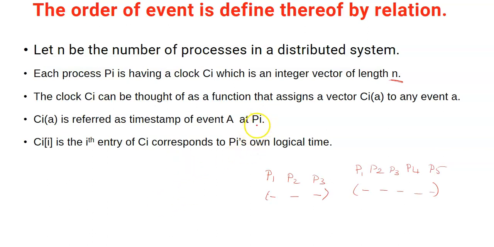This clock vector, represented as a time value in every process, can also be referred to as the timestamp of an event which happens at Pi. And as I already mentioned, the ith entry corresponds to the process Pi. For example, the first entry corresponds to process P1, the second entry corresponds to process P2, and so on.